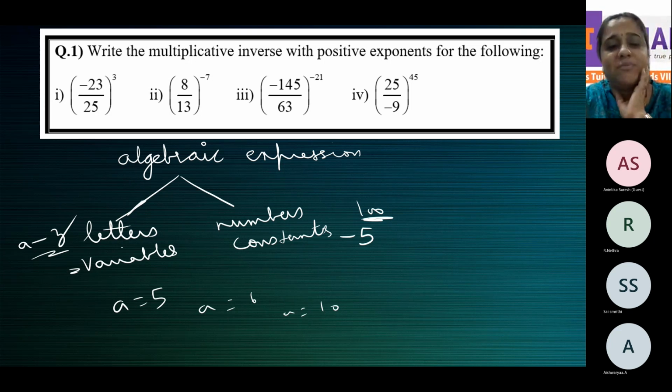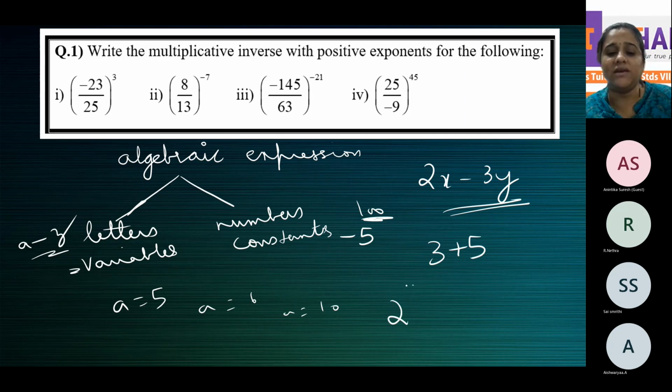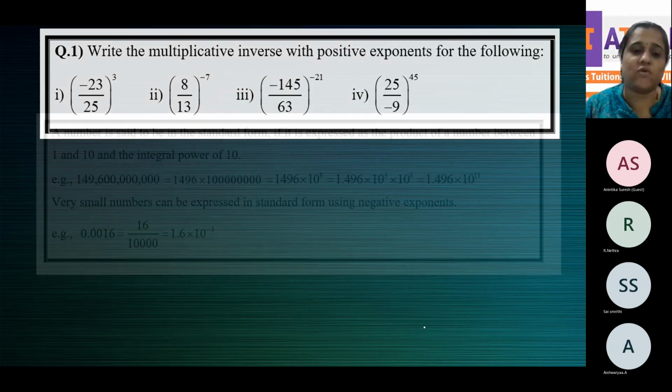So for an algebraic expression, you can use variables and constants, letters and numbers. If you write 2x minus 3y, this is an algebraic expression. If you write 3 plus 5, it's a numerical expression. And 2 to the power 5 is also a numerical expression, or simply an expression in the exponential form.